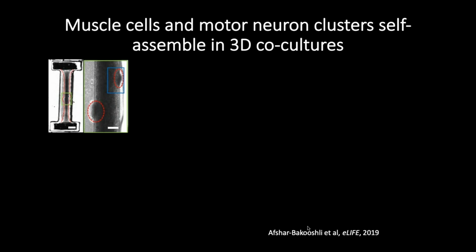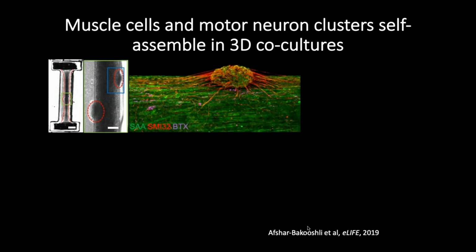Next, we can see the blue region that is highlighted in this image here. We will flip it to the side and immunostain it, and hopefully you'll be able to appreciate that these two cell types self-organize themselves to form multinucleated muscle fibers with the motor neuron cluster on top and neurites making their way out and making contact with those multinucleated muscle fibers. The neurites are stained in red, and the muscle fibers you can see stained with sarcomeric alpha-actinin just below that.